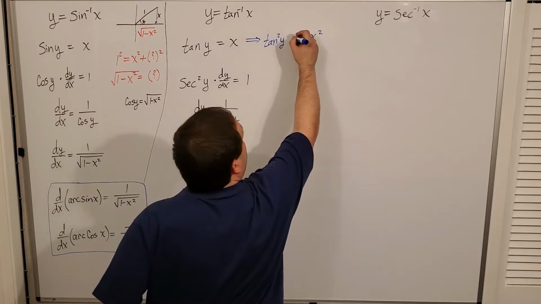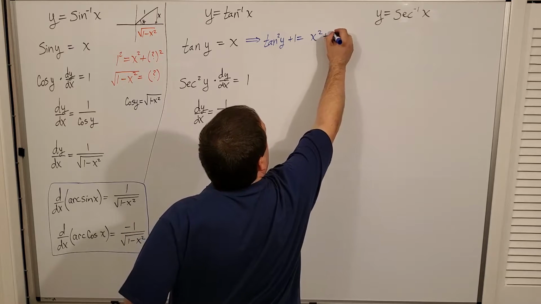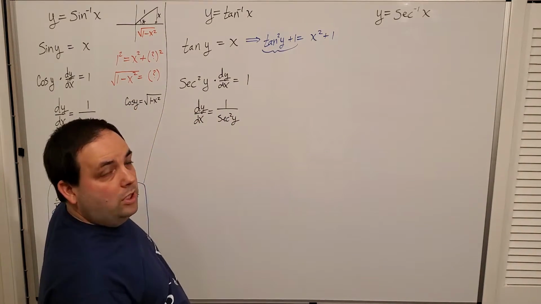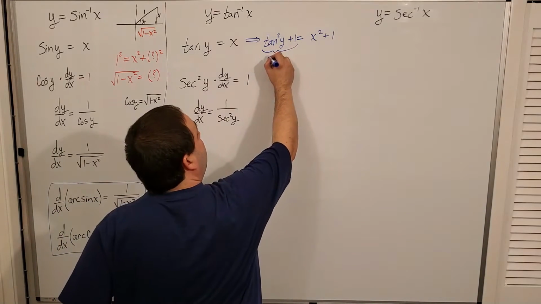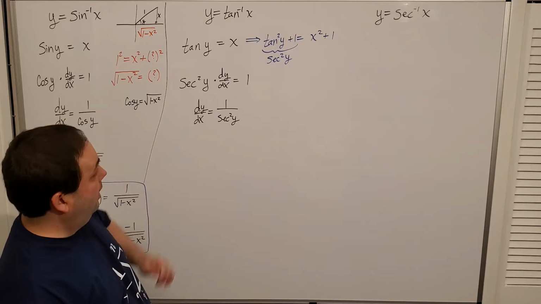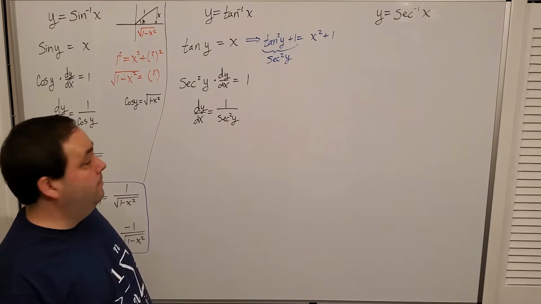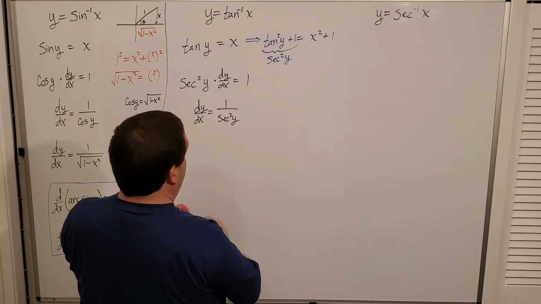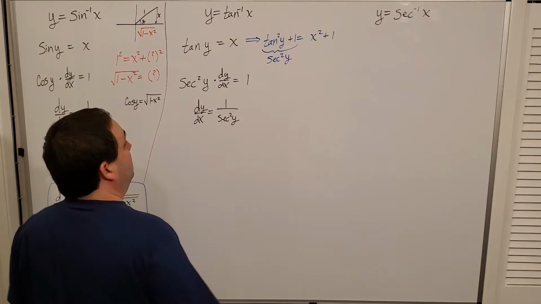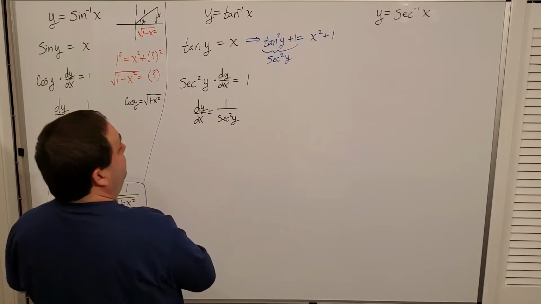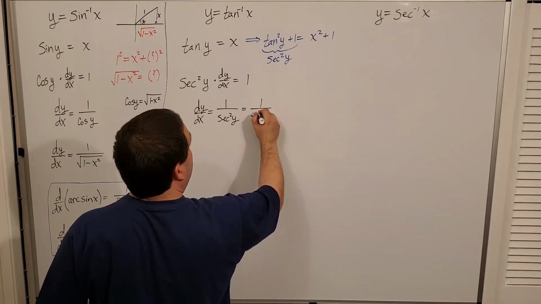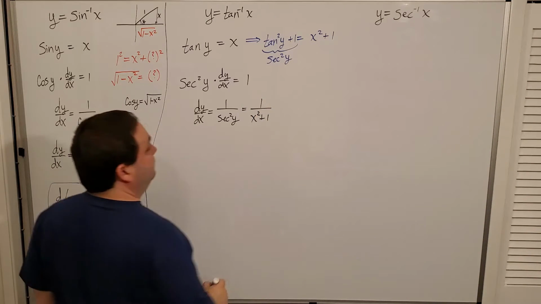Add 1 to both sides, plus 1, plus 1. Tangent squared of y plus 1 is equal to secant squared of the same angle, the y. Okay? So what does this mean? Well, secant squared right here is equal to x squared plus 1. So 1 over x squared plus 1 here.